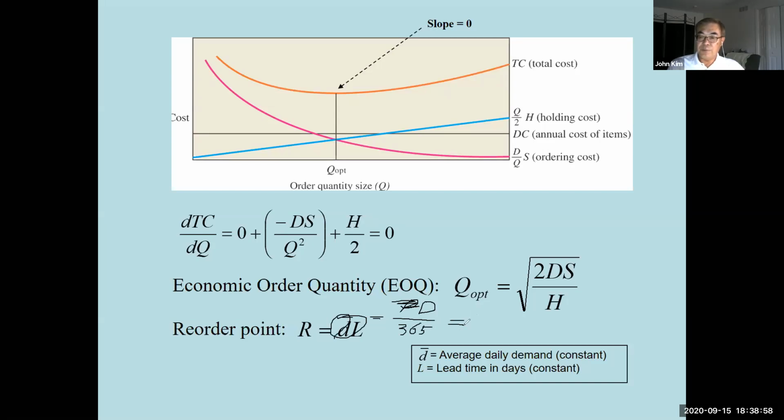Or if the store or plant is open like 200 days, then to get daily demand or average demand, use how many days open or how many days no work.